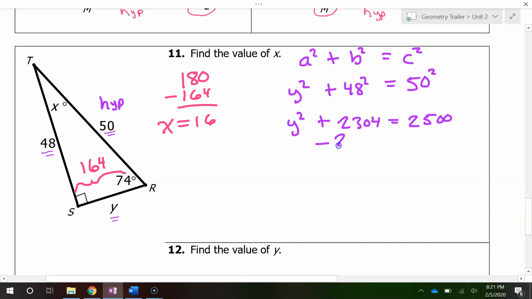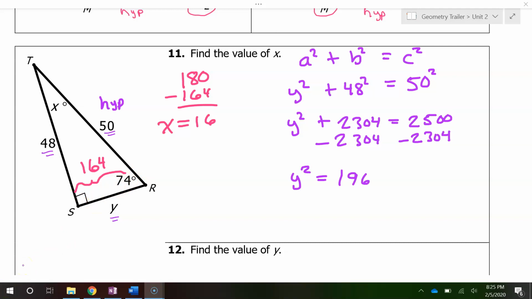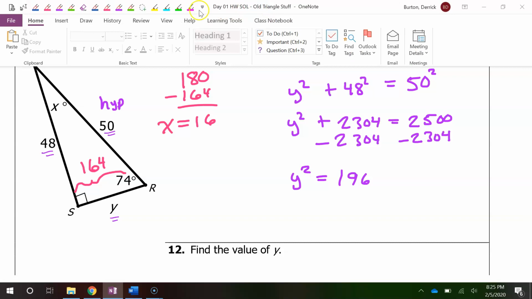And now we must subtract 2,304 from 2,500. So that's going to be, and so that's 196. I wonder if that is a perfect square.